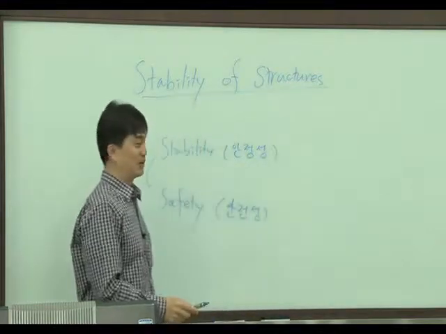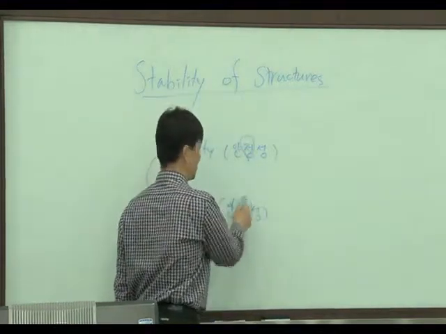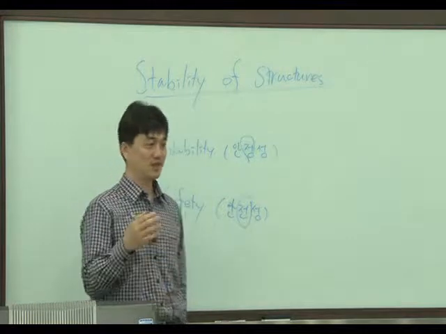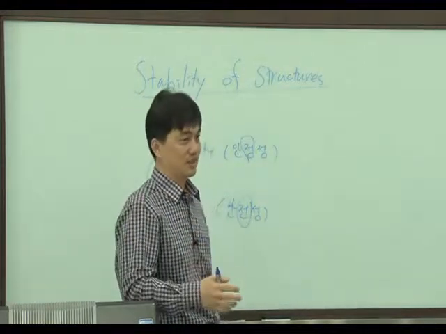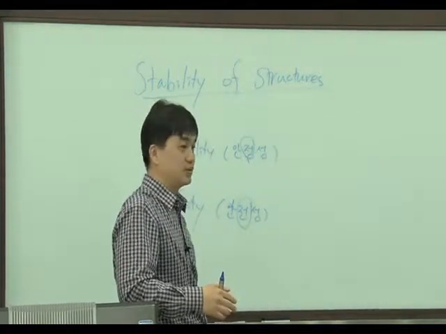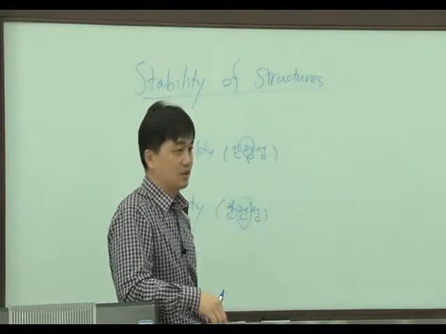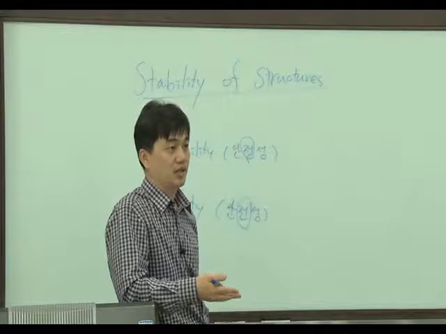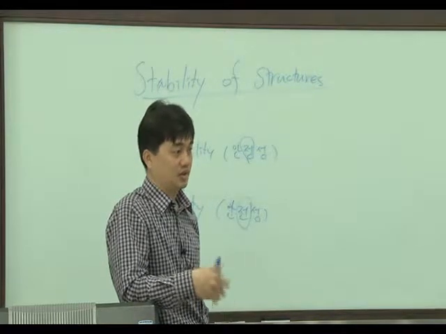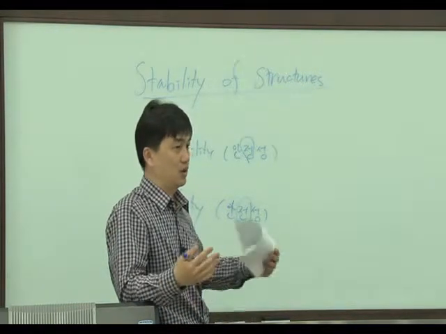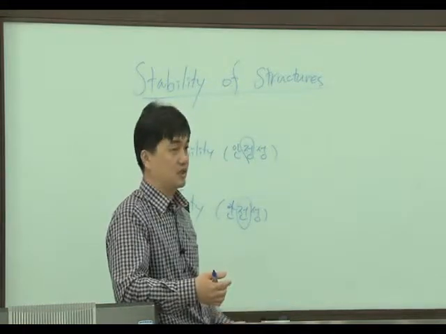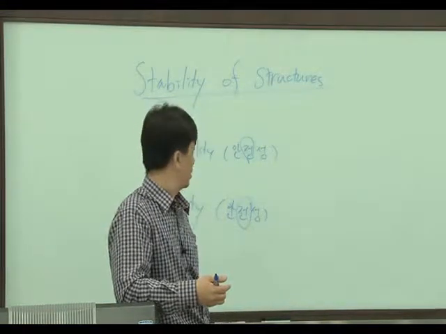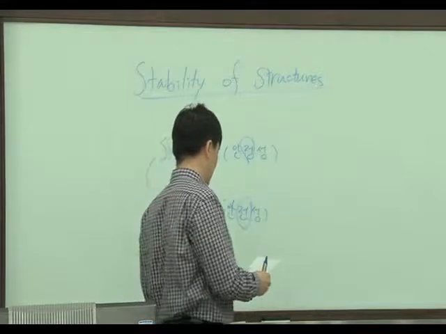One looks very similar, right? But both are really different things. Safety means determining whether a structure fails or not, so it has a bigger meaning than stability. Stability has a different meaning.